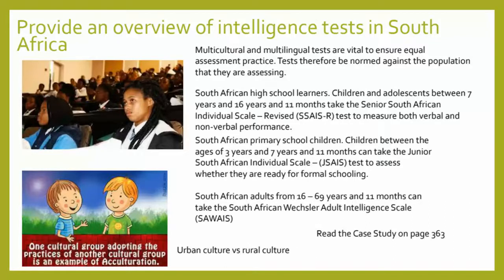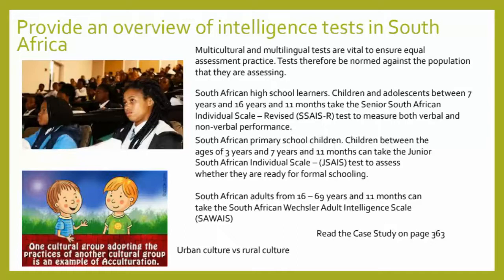And there's a concept called acculturation, which is where one cultural group adopts the practices of another cultural group. That's what acculturation means. And you can have it even in South Africa, in something like the South African primary school test that children do. If you've got an urban culture and a rural culture, there could be a big difference between the two cultures.